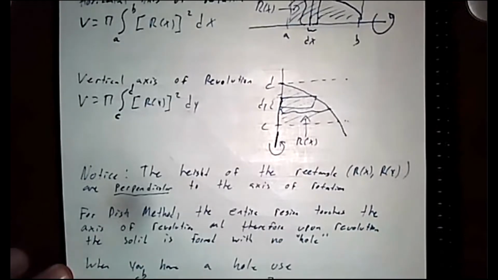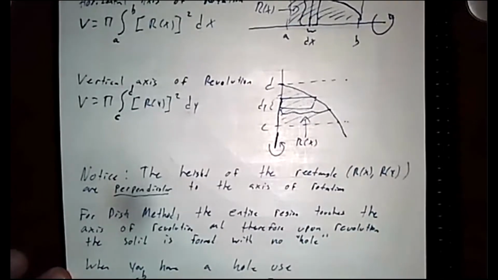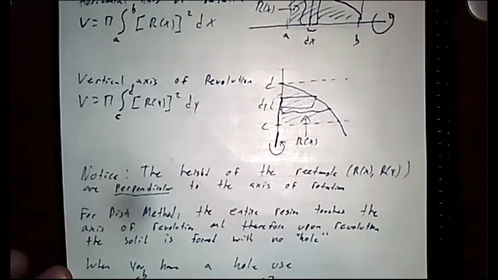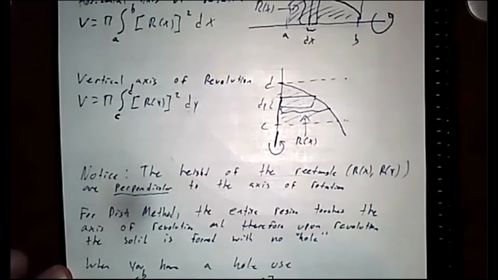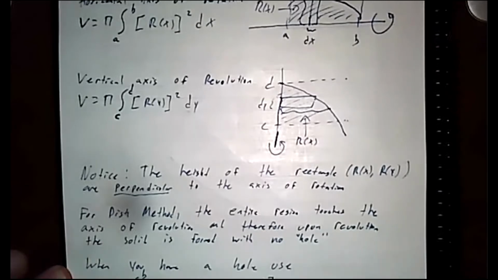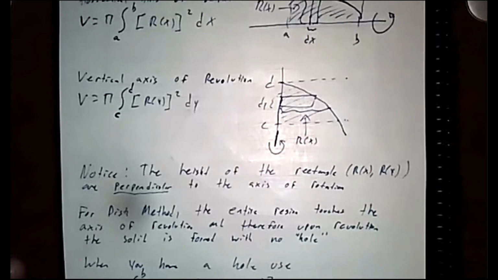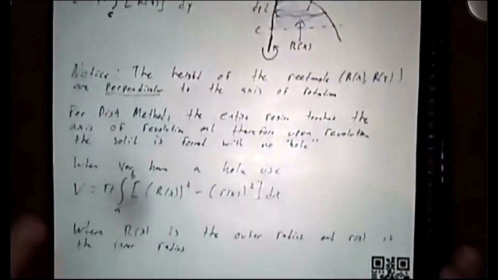Where capital R of x is the outer radius and little r of x is the inner radius. Sorry, I'm not on the screen there.